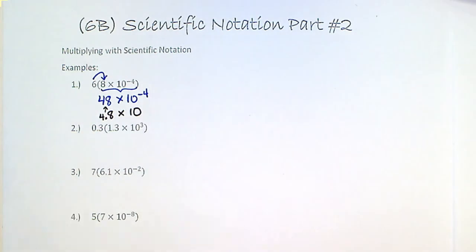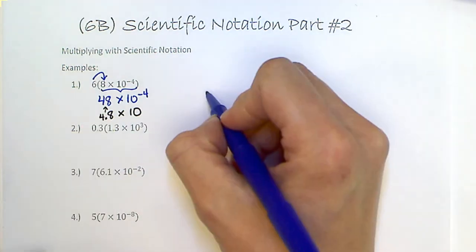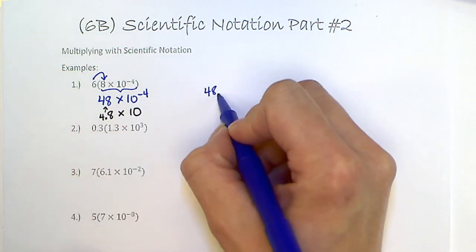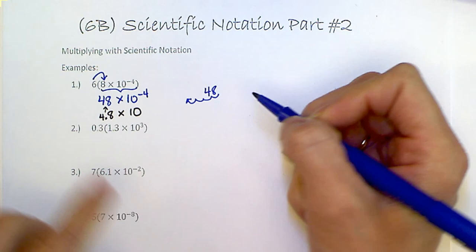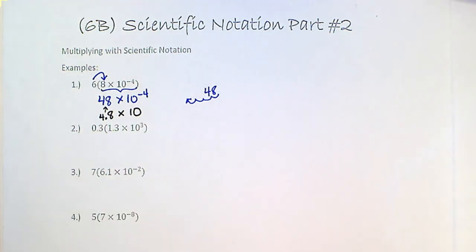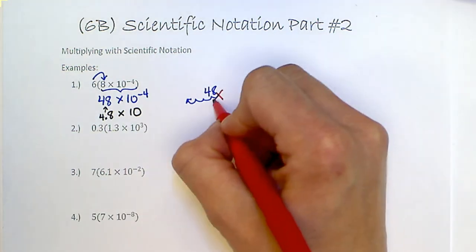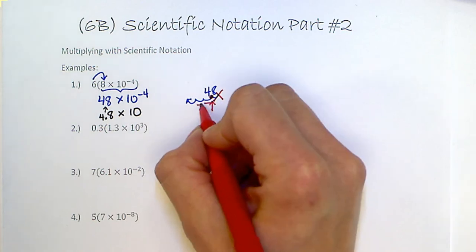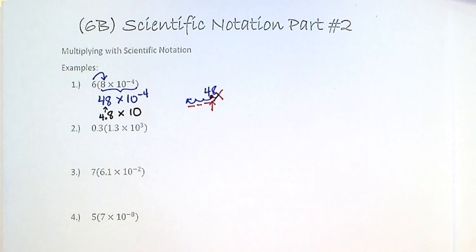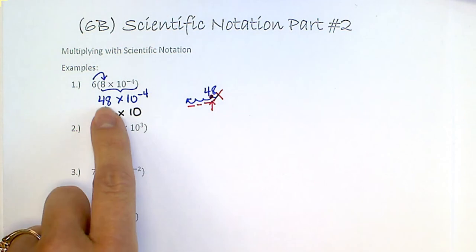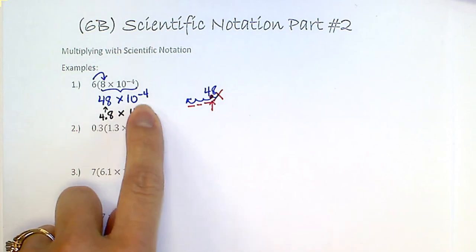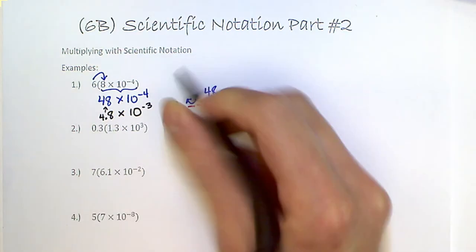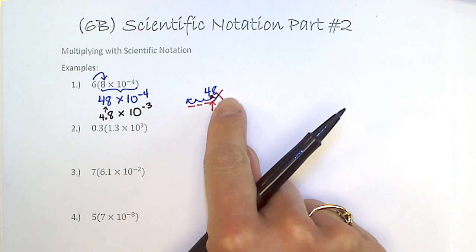Think of this: if we had normal 48 and we went 4 to the left, 1, 2, 3, 4, but we didn't want to start here, we wanted to start here, so that means we only have 1, 2, 3 loops left. So I can adjust 48 times 10 to the negative 4th and just make it 4.8 times 10 to the negative 3rd, because there's only 3 loops now if I adjust my starting decimal.